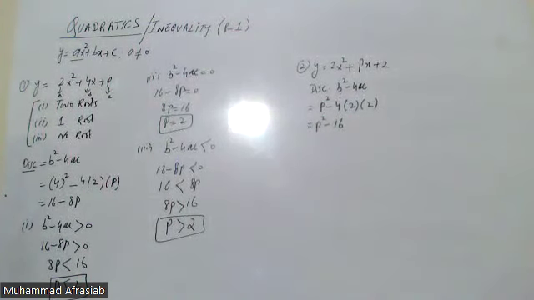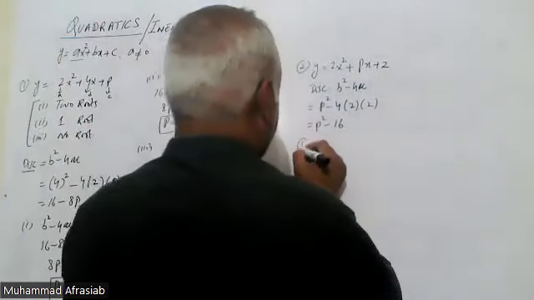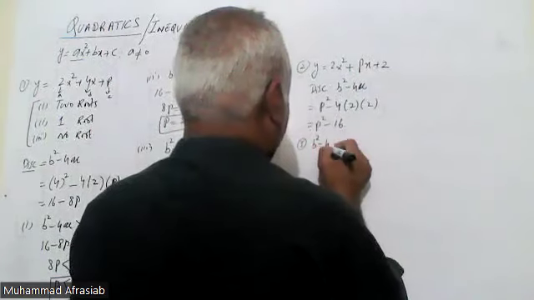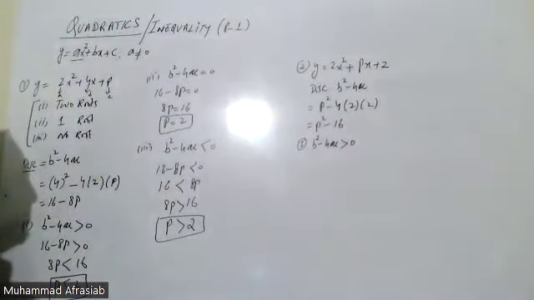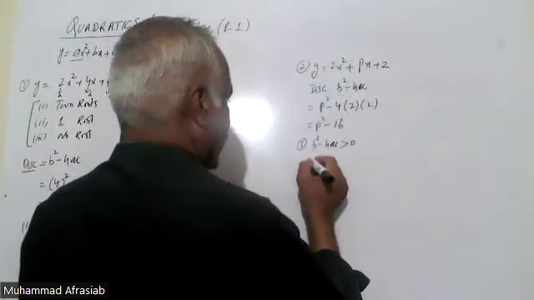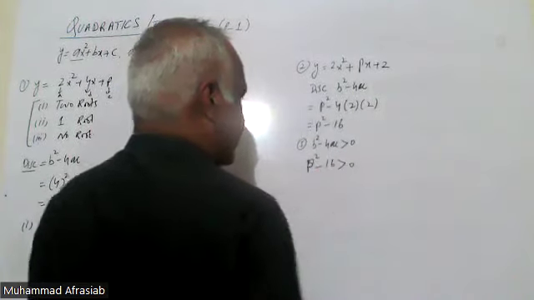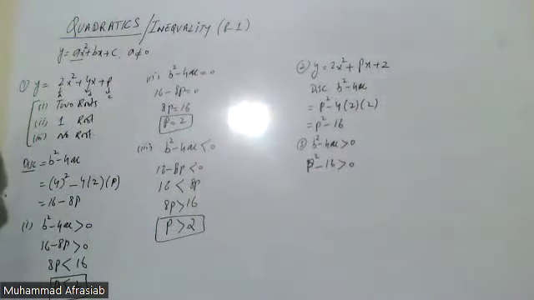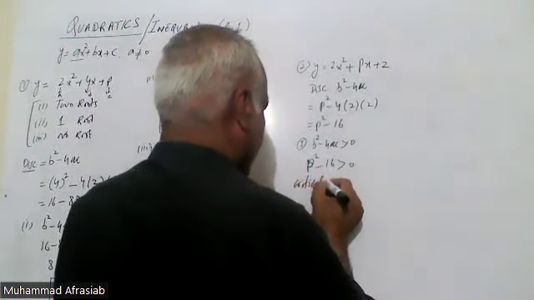And now we are going to find these three cases. For the first part, b squared minus 4ac should be greater than 0. So we can write this as p squared minus 16 is greater than 0. Now, you can use the words critical solution.